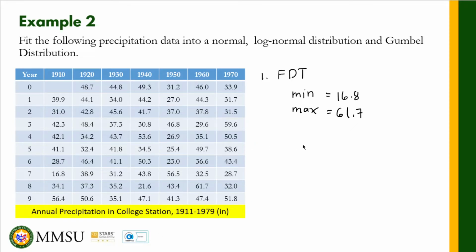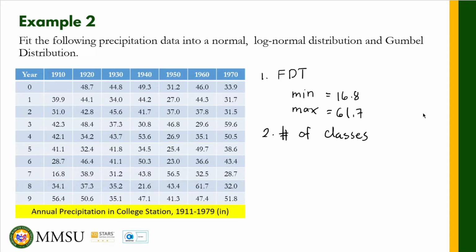Now to create the frequency distribution table, I have to create my classes. We have a formula for the number of classes. The number of classes is given by the formula 1 plus 3.3 logarithm of n.